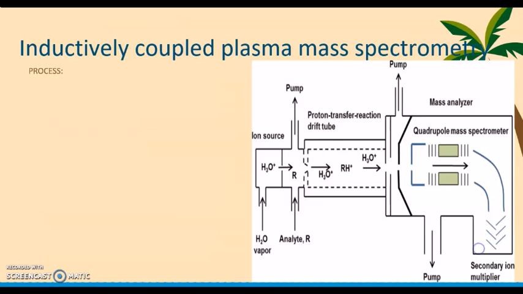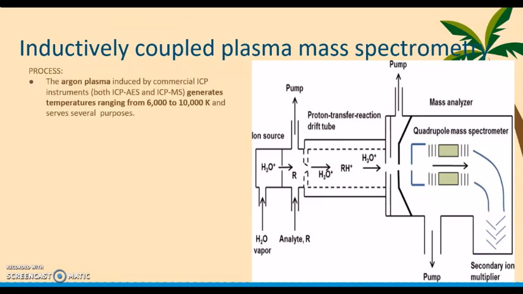Then we also have the process. So the argon plasma induced by commercial ICP generates a temperature, napakataas po ng temperature. This is from 6,000 to 10,000 Kelvin. And it will serve, marami po siyang purpose o marami siyang gagawin. Then, unang-una, kaya mataas po yung temperature niya, ida-dry niya.